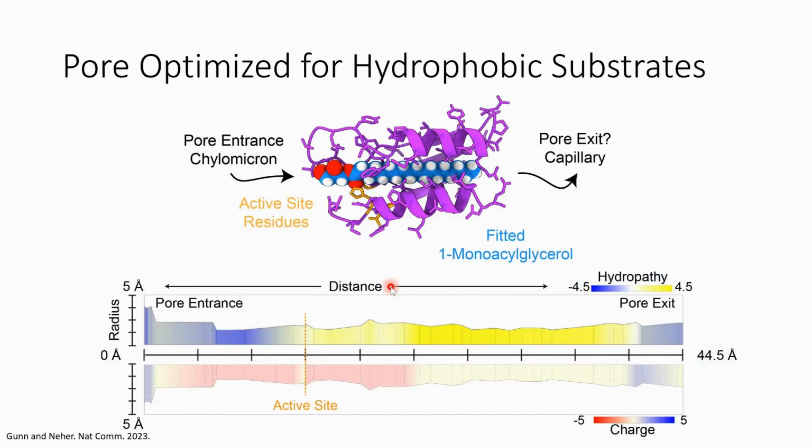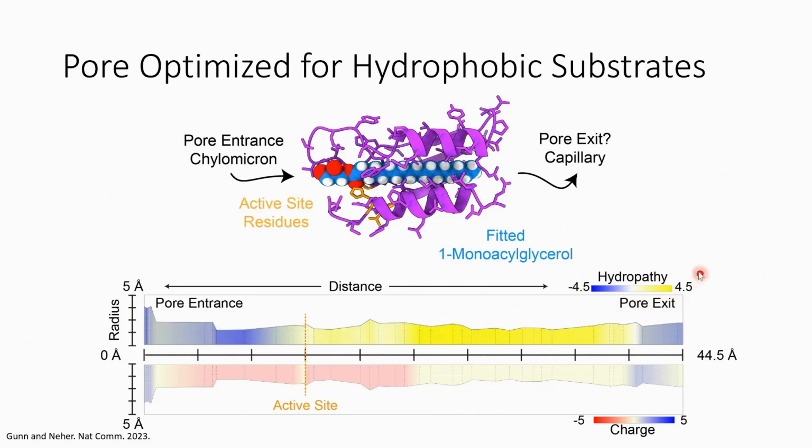So we characterized the residues that are lining this pore, and that allows us to look at the charge and the hydrophilicity of the residues of the pore at each section. I've indicated the hydropathy here, which is a measure of hydrophilicity and hydrophobicity.